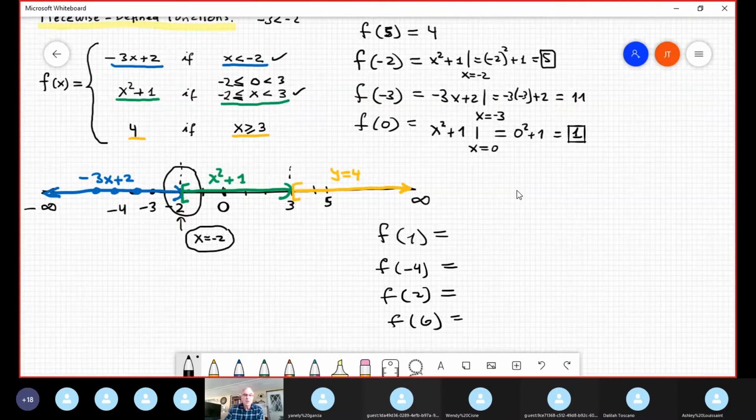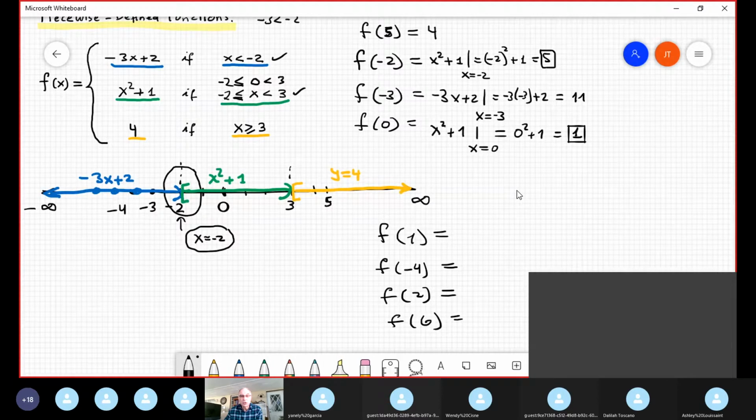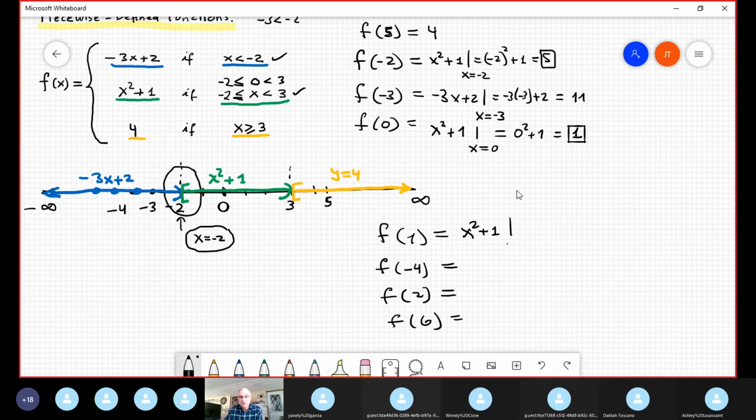Help me, guys. 1: in what interval does 1 lie? In the blue, in the green, or in the yellow? Green. So you select the expression x squared plus 1 at x equal 1. So 1 squared plus 1, 1 plus 1 is 2, end of story.